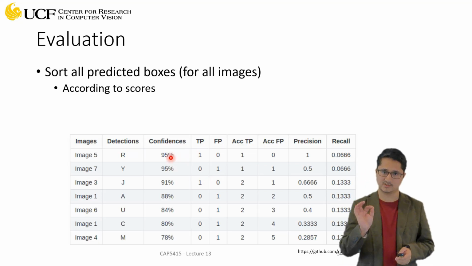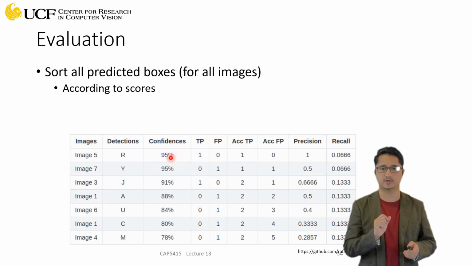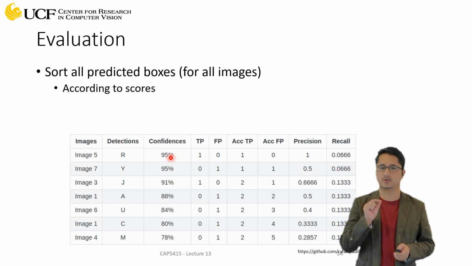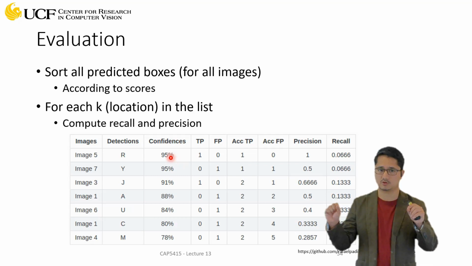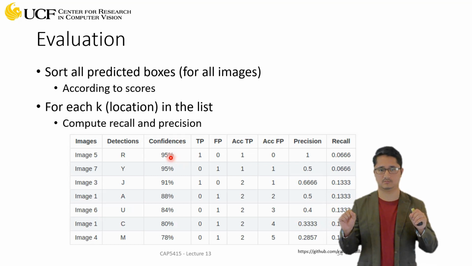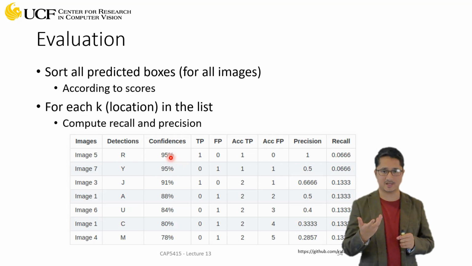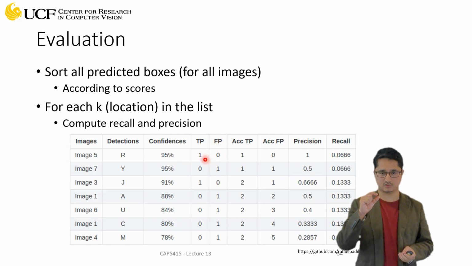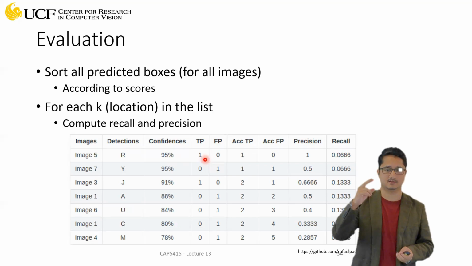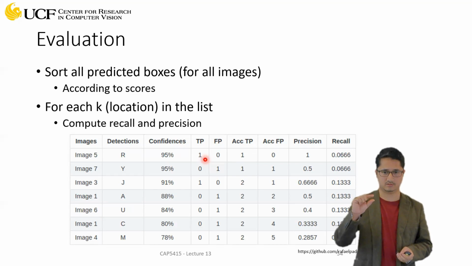Now, once you have this bounding box, you will compute the intersection over union of this bounding box with all the bounding boxes you have in your ground truth. If there's a match, you will see whether this bounding box is a true prediction or a false prediction. So once you have the intersection over union, you check whether it's greater than the threshold, greater than 0.5, and the class label should be correct.